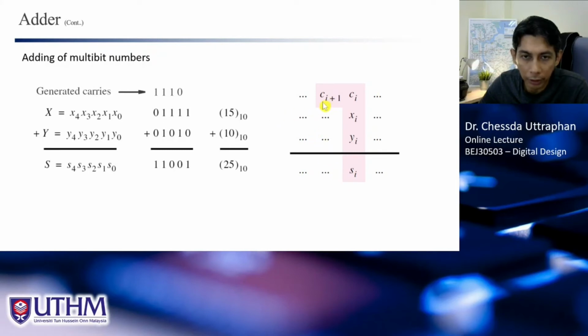And this is ci plus 1, right? This is c0. We can see that the c will be here, and we add to here, and we have the result, and c will go to here, right?